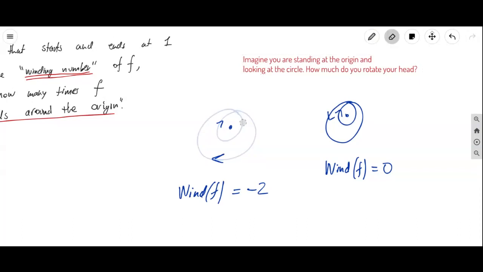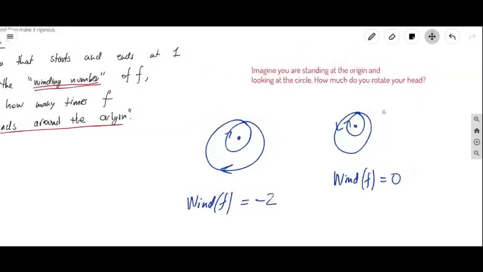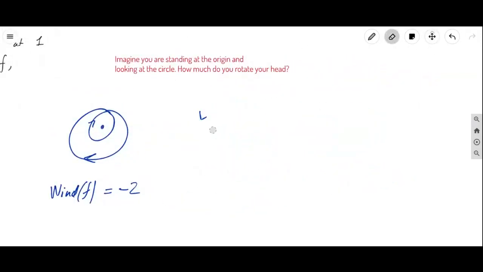Here, you spin your head around one time and then a second time as you travel around this curve. So you would see it spin 2 times around in the negative direction. So that's -2. Here, you will spin your head one time around, but then you unspin your head one time around. And so the net change of rotation in your head would be 0. So that's what we call the winding number. And that's the basic idea of a winding number.